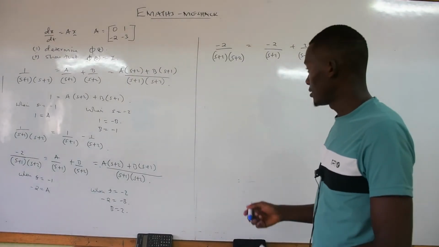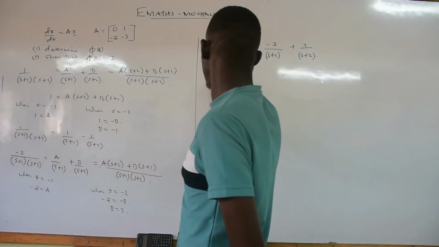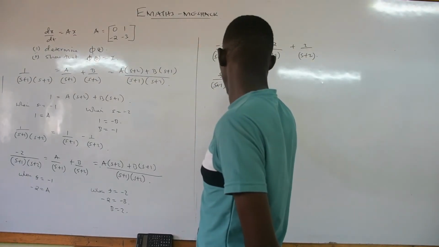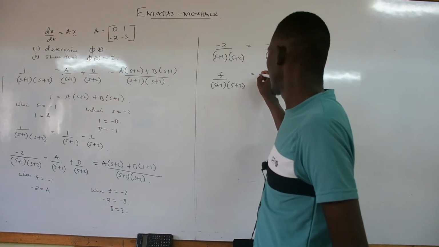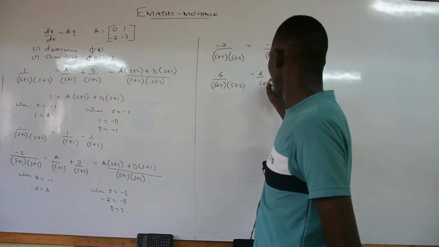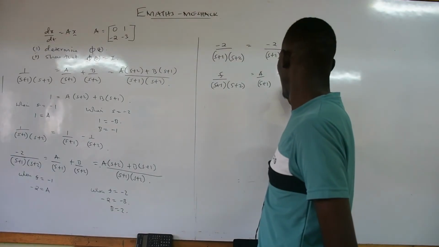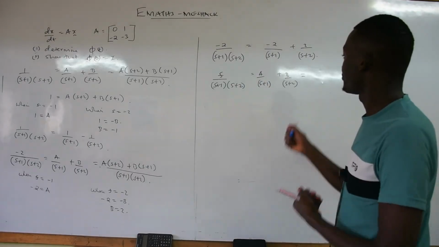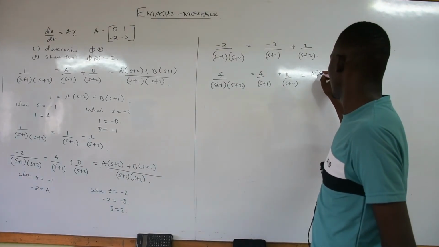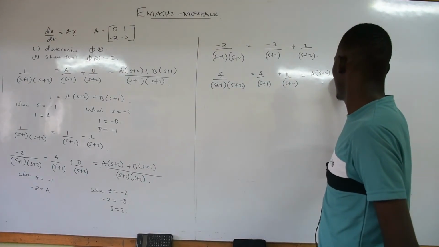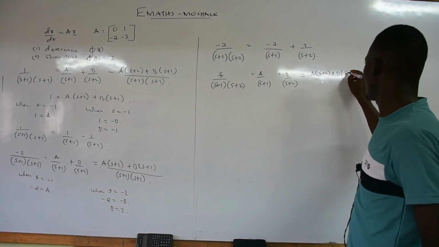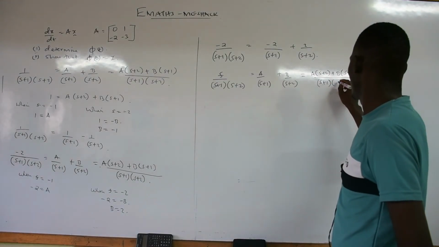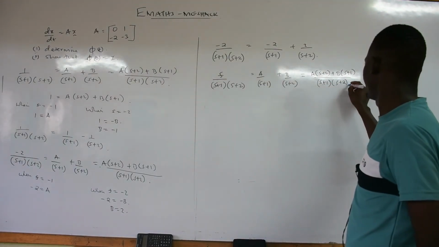Now for the last one, which was s over (s plus 1)(s plus 2). Again we are saying this one is a over s plus 1 plus b over s plus 2, and this gives us a(s plus 2) plus b(s plus 1), all over (s plus 1)(s plus 2).